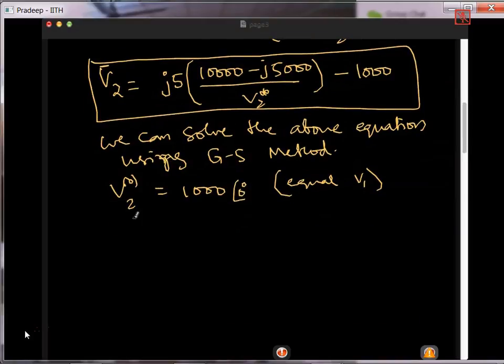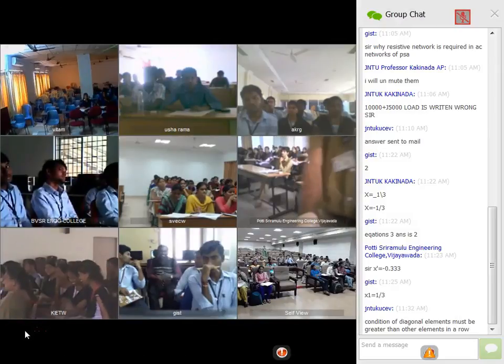Okay. So this is the equation I am going to implement in MATLAB. So let me go back to MATLAB to solve it iteratively. So let me go to MATLAB.